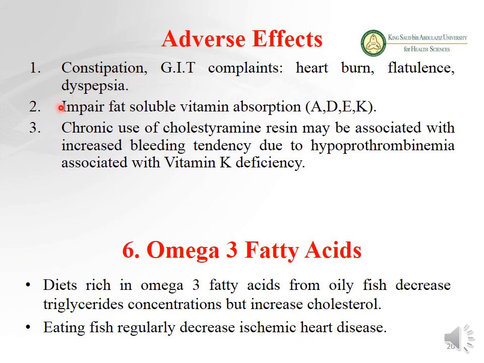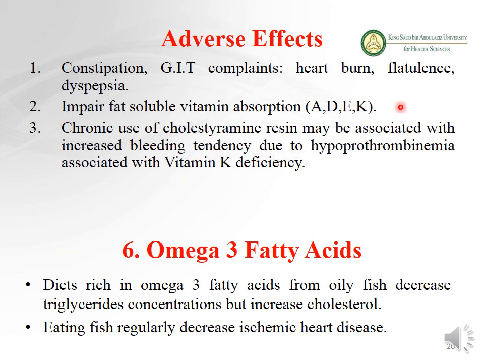However, they also impair the absorption of fat-soluble vitamins like A, D, E, and K. Vitamin K plays a significant role in blood clotting, so this vitamin deficiency can lead to an increased bleeding tendency.